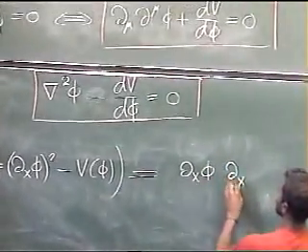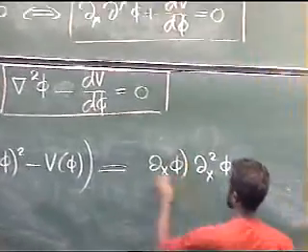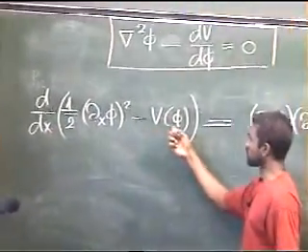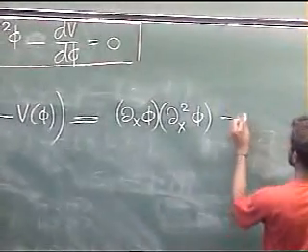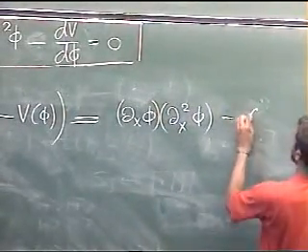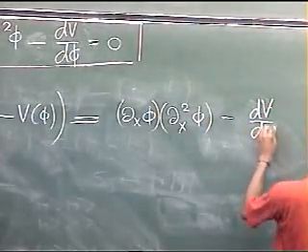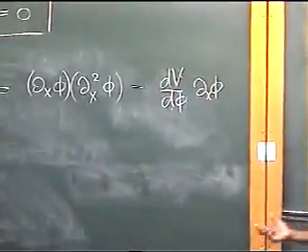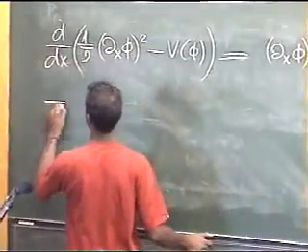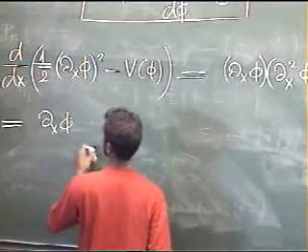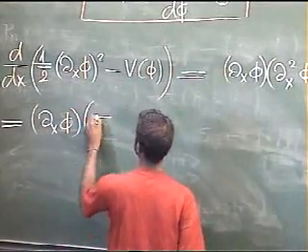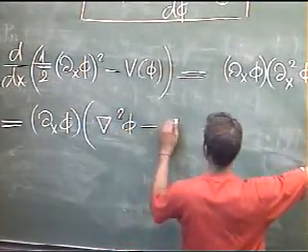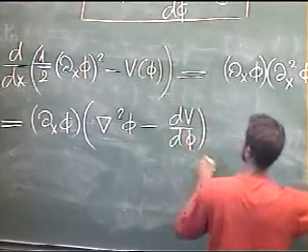That's dx squared phi minus the derivative acting on this potential. It's, of course, d by dx. This is a function of phi of x, so I've got to use the chain rule again. So it's minus dV by d phi dx phi. And then I've got a common factor of dx phi. So that's equal to the derivative of phi with respect to x times dx squared phi minus dV by d phi.